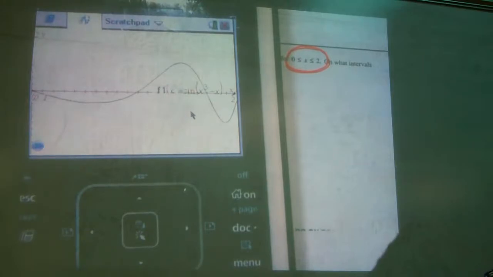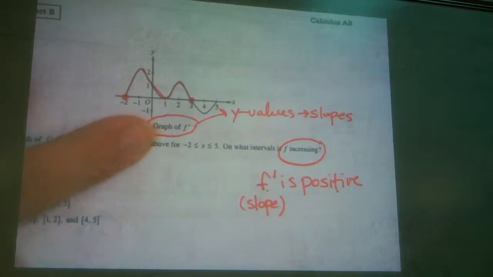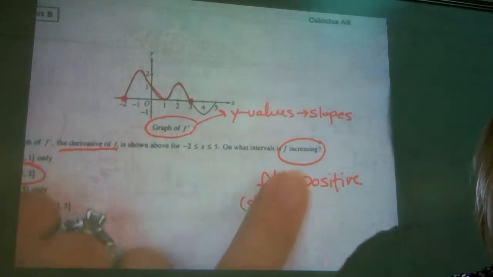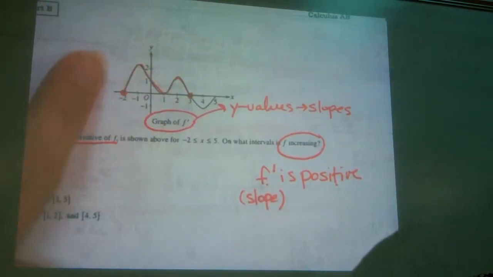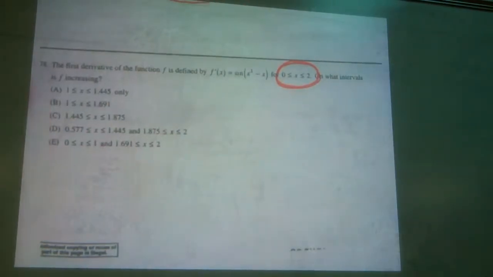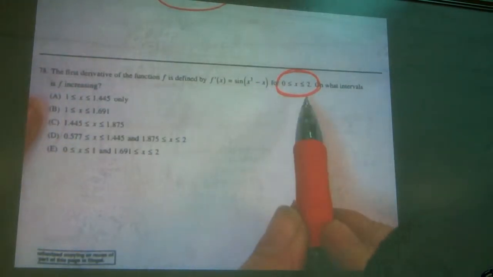Okay, so we said on 76 that when we were looking at the graph of the derivative, we could tell if our function was increasing if we looked at where the y values were positive. So we're going to do the exact same thing on here. We're going to look at the graph of the derivative that we just graphed in our calculator, and we're looking for where the function would be increasing.